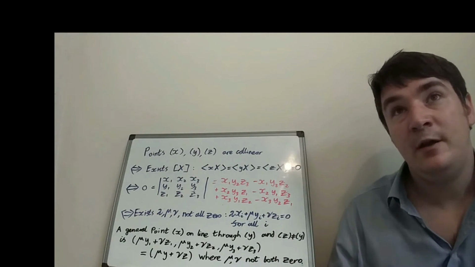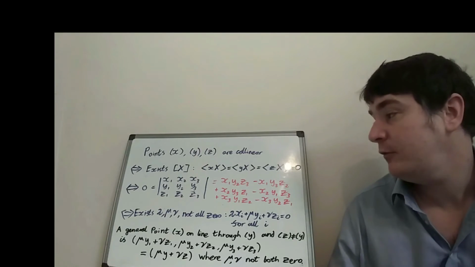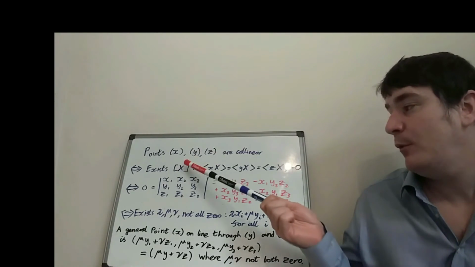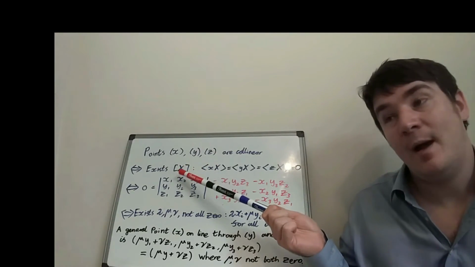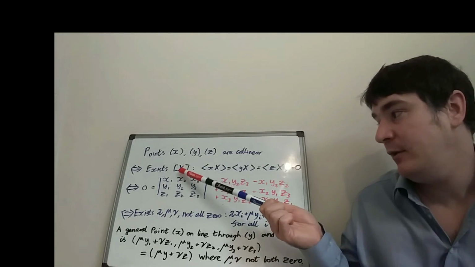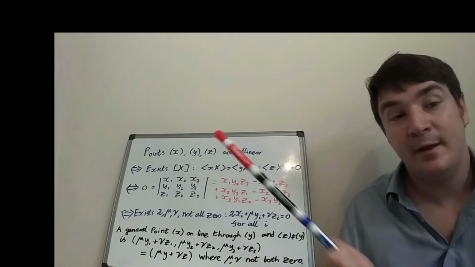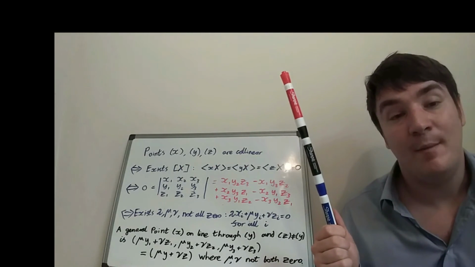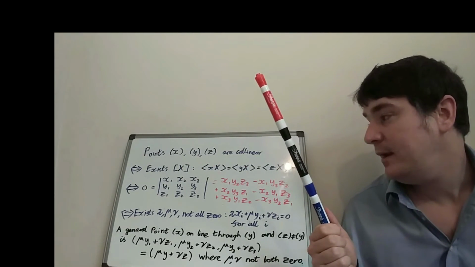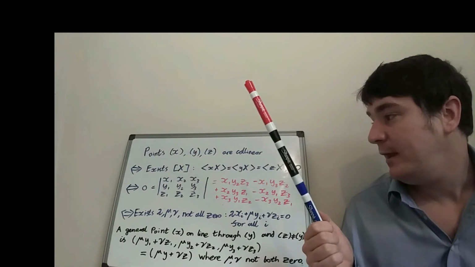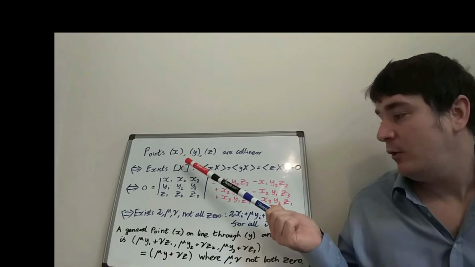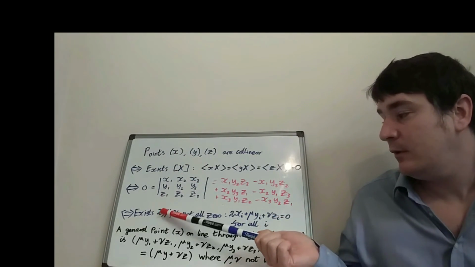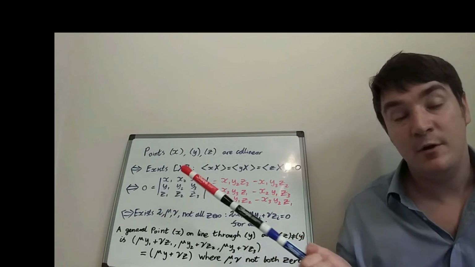Let's use some different notation. Rather than calling this line's points capital X1, capital X2, capital X3 in square brackets, we can instead call its components lambda, mu and nu.